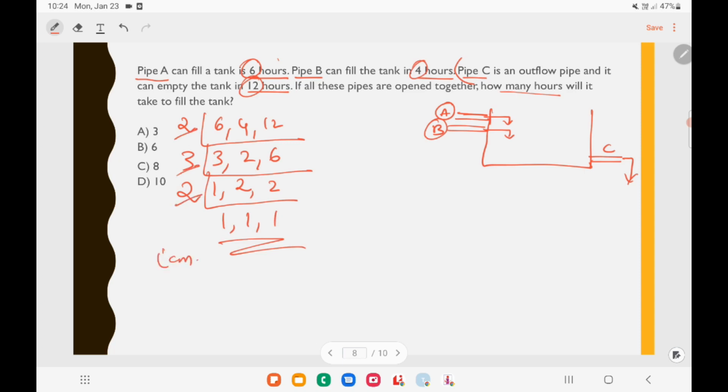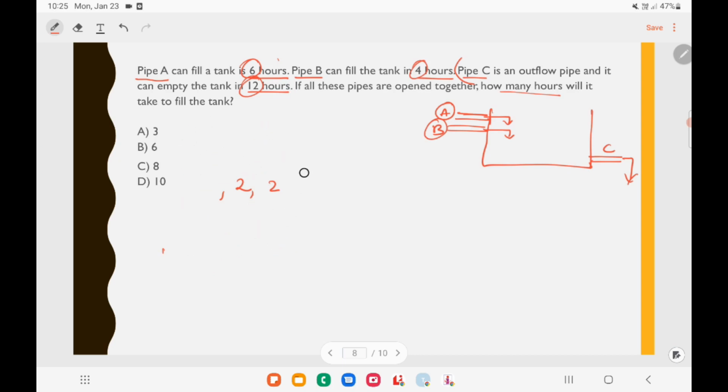So LCM is equal to 12. So here let us assume that the total volume of the tank is, since LCM is 12, we'll take volume of the tank as 12 liters. We'll assume like that.